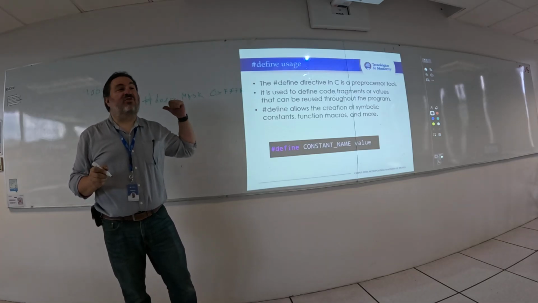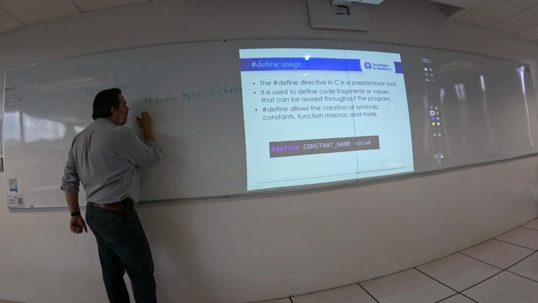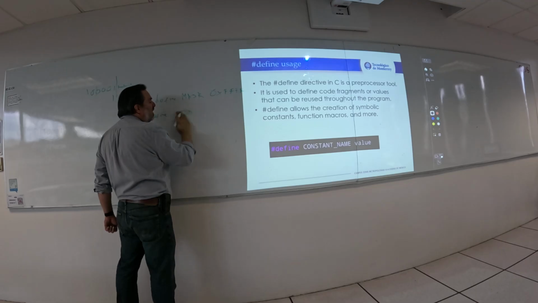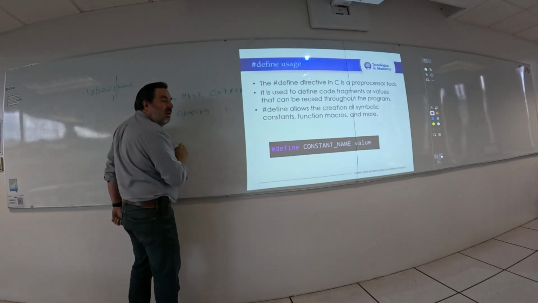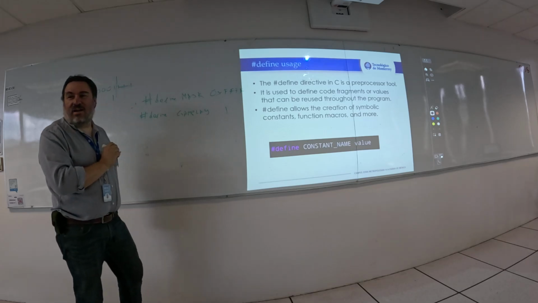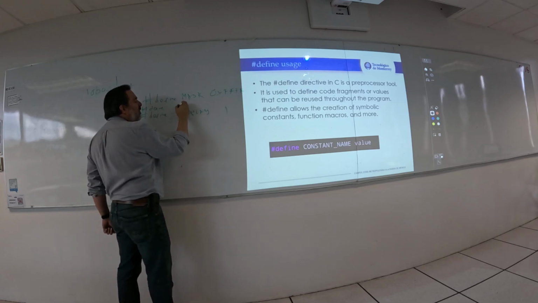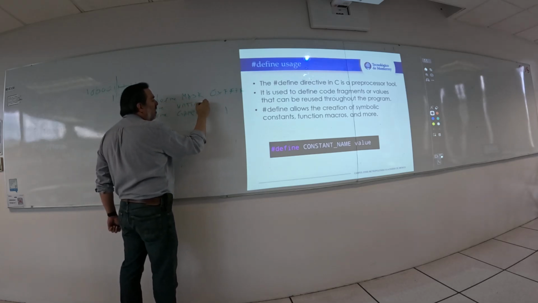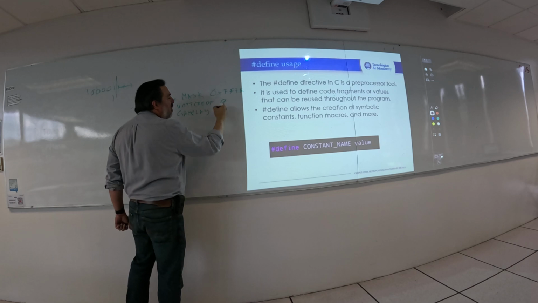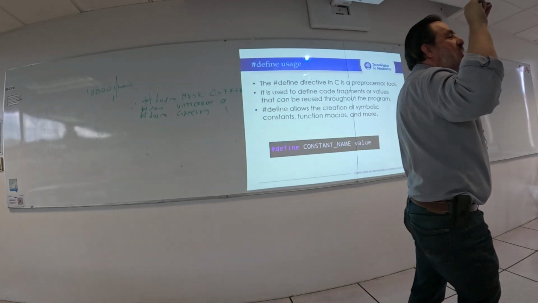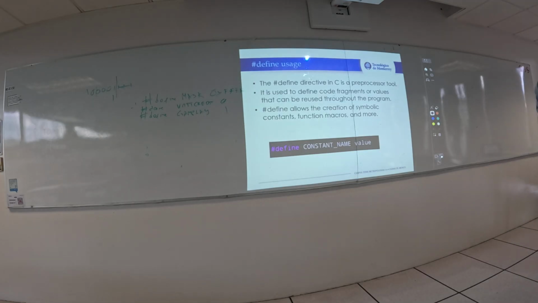Okay? Same thing for your state machines. You define state, well, let's say gameplay to be 1. Okay? And you define wait for credit to be 0. And in your switch, you have case, wait for coin, execute this.